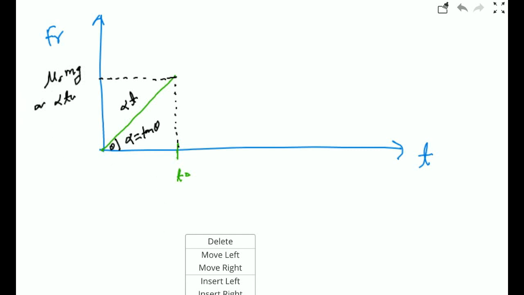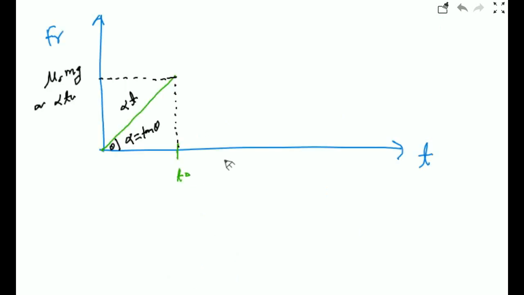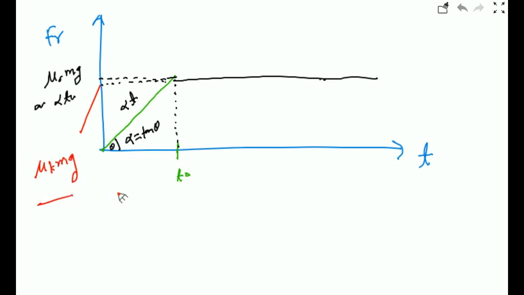Both are the same. After that, if t is greater than t naught, then it is mu k mg, and mu k mg is less than mu s mg, but this is also constant. So you go slightly lower, and this value will be mu k mg.